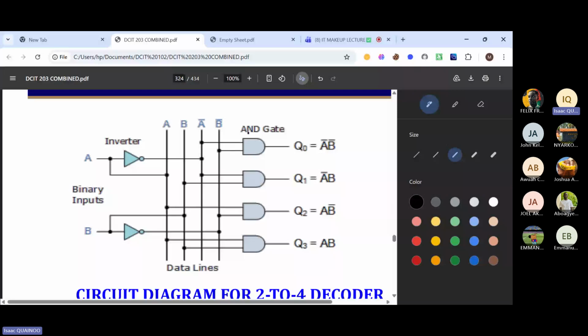This represents Q0, which is A bar, B bar. This represents Q1, which is A bar, B. This represents Q2, this is A, B bar. And this represents Q3, which is A and then B, okay. And then we have our inputs right here.